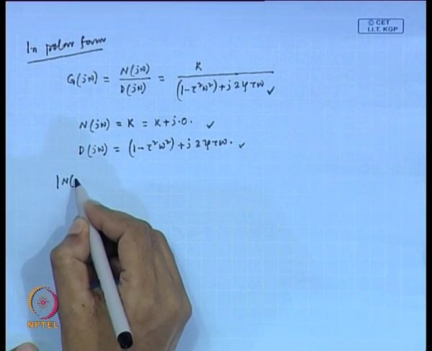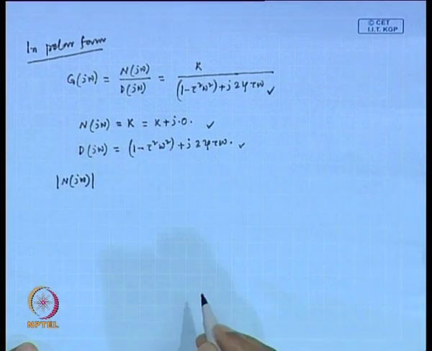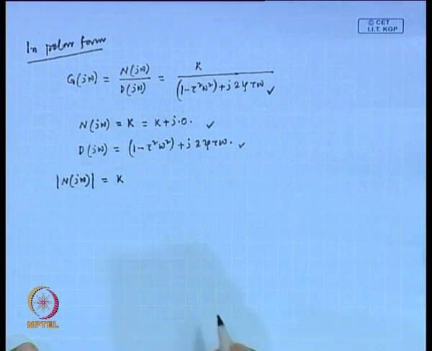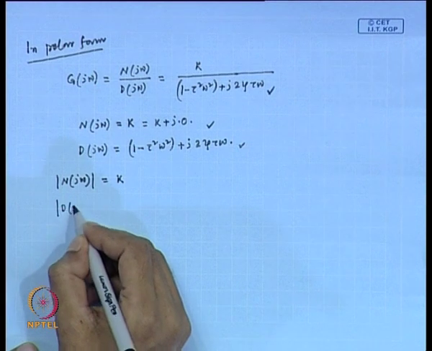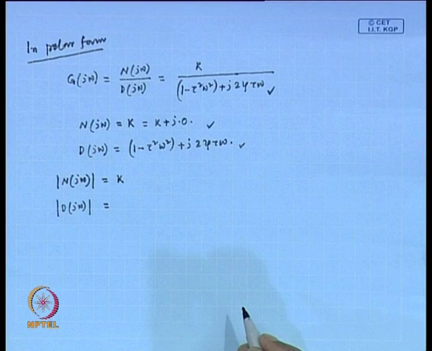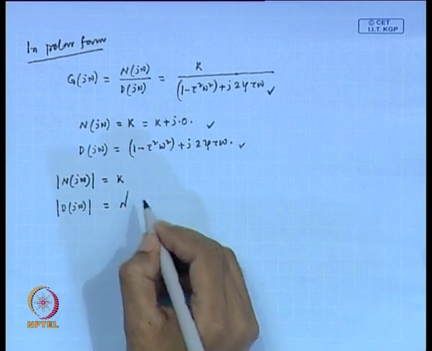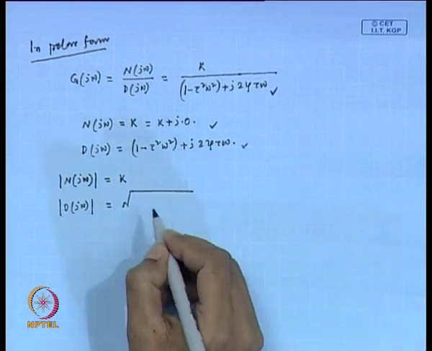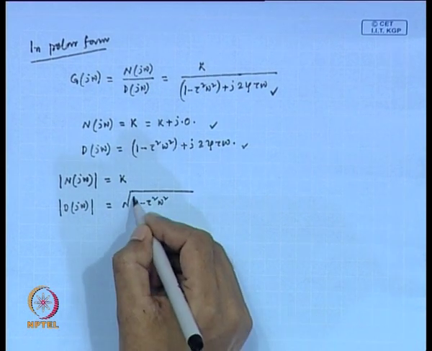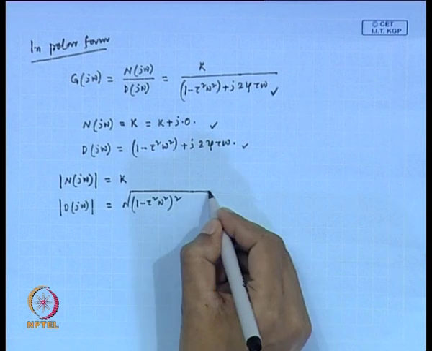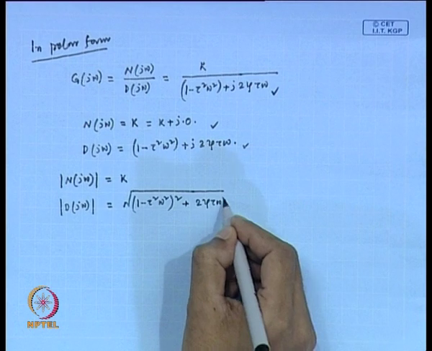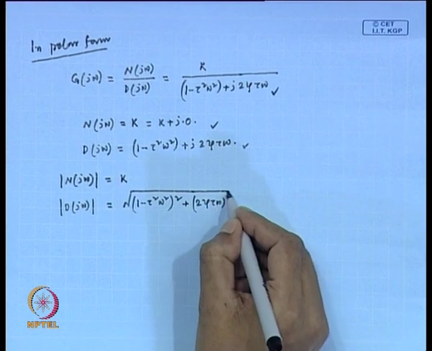Now, what is the amplitude of this numerator term? Amplitude is k. What is the amplitude of denominator term? That is root over of 1 minus tau square omega square whole square plus 2 zeta tau omega whole square.